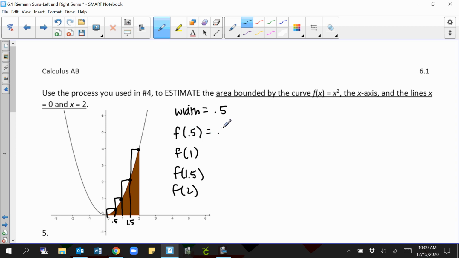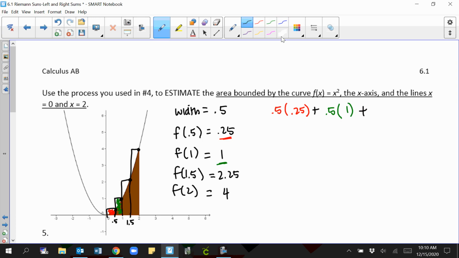So 0.5 squared gives me 0.25. 1 squared is 1. 1.5 squared is 2.25. And 2 squared is 4. So for my first rectangle right here, I'll make this one red. My width is 0.5, so I'm going to do 0.5 times, and my height was here at 0.5, so it's going to be 0.25. And then to find my next rectangle, we'll do this one in green. My width is still 0.5, and this time my height is there at 1.